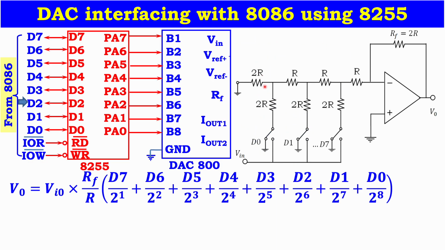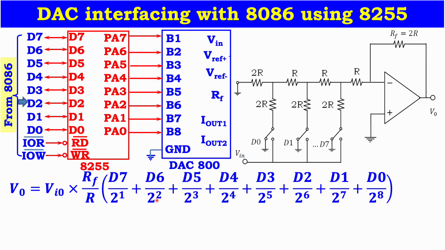All these circuit components get the input in digital form, that is D7, D6, D5 down to D0, all 8 bits of digital input. So here it is 2 power 1, 2 power 2, and so on.